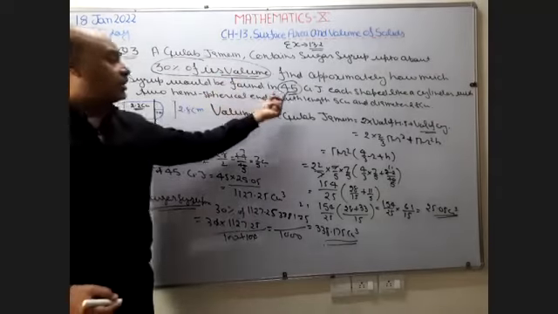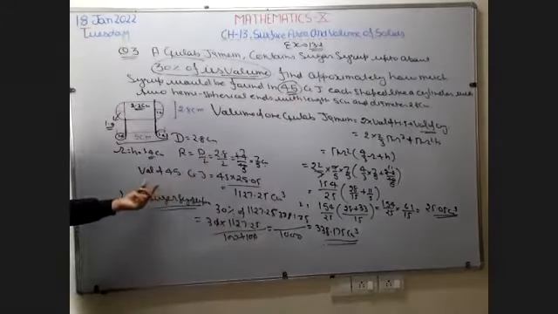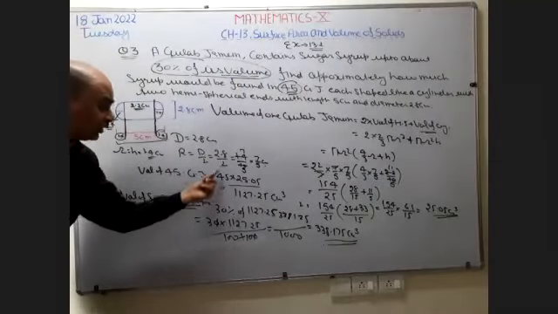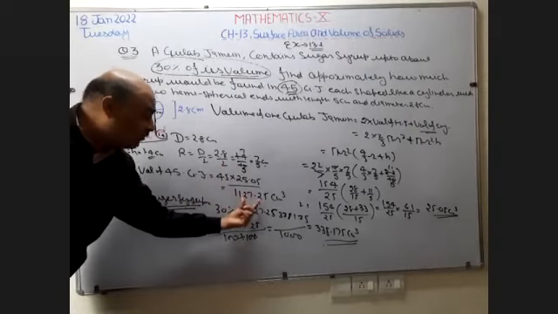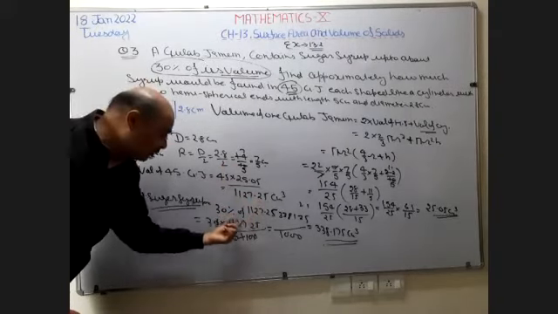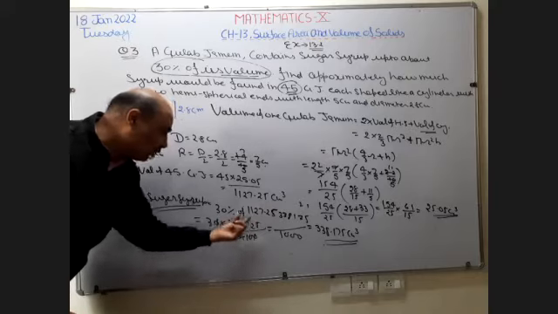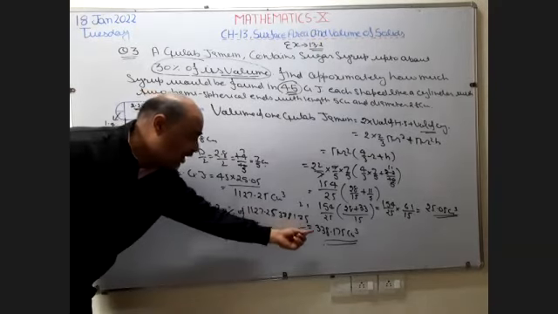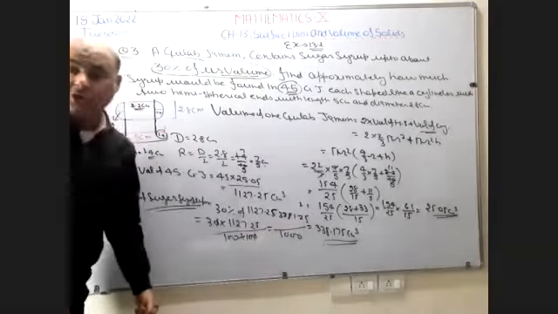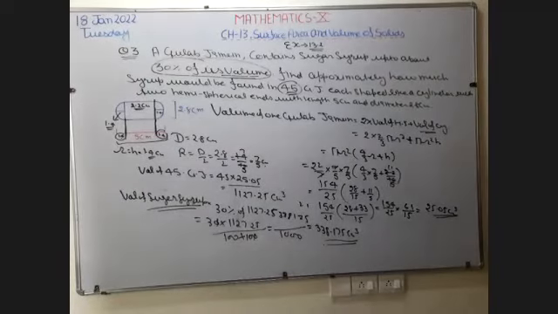How many gulab jamuns are there? 45. It means you are going to take 30% of the volume of 45 gulab jamun. This is the volume of 45 gulab jamun. Take 30% of this. So 30% of this is going to be 338.175 centimeter cube. Okay. I hope it is clear now.